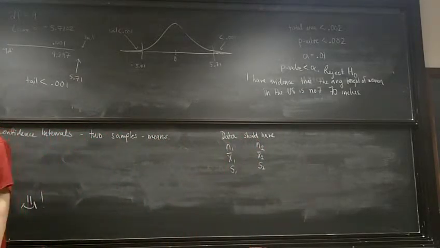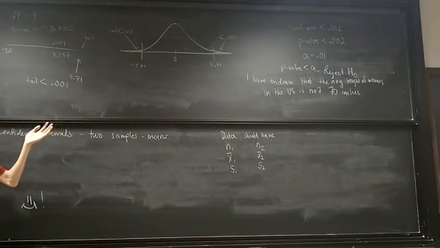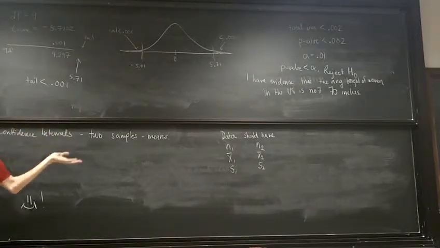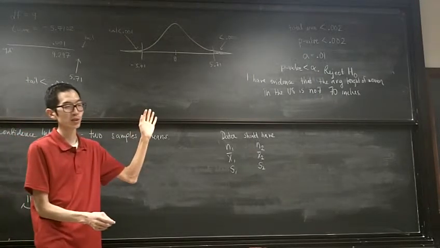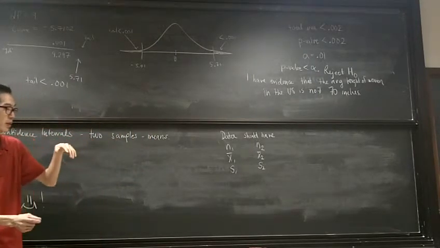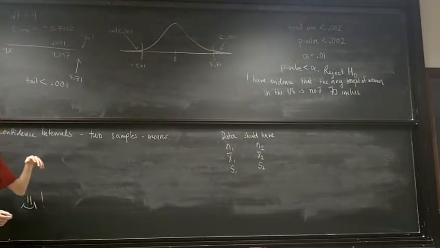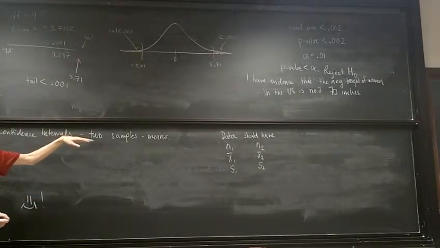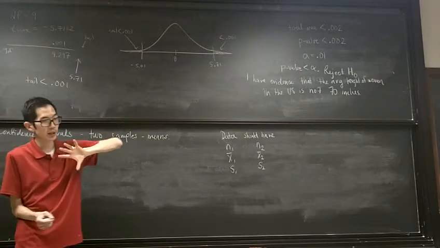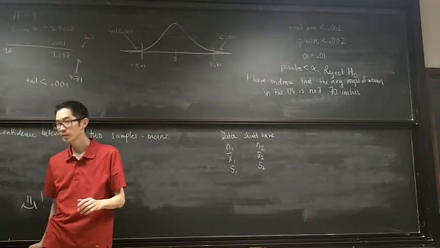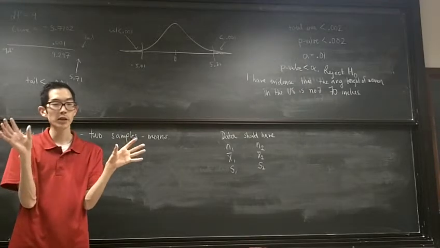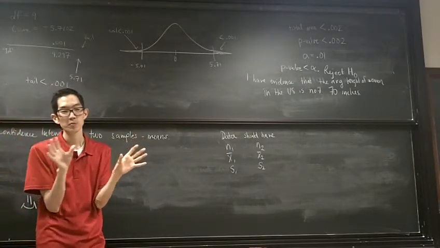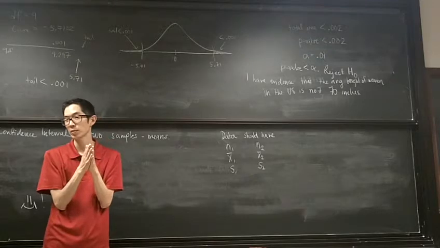A confidence interval is always a statement about what? The population, right? It's always a statement about the parameters of the population. So in this case, we're going to look at one sample and another sample, and we're making a statement about the difference between the means in the population.